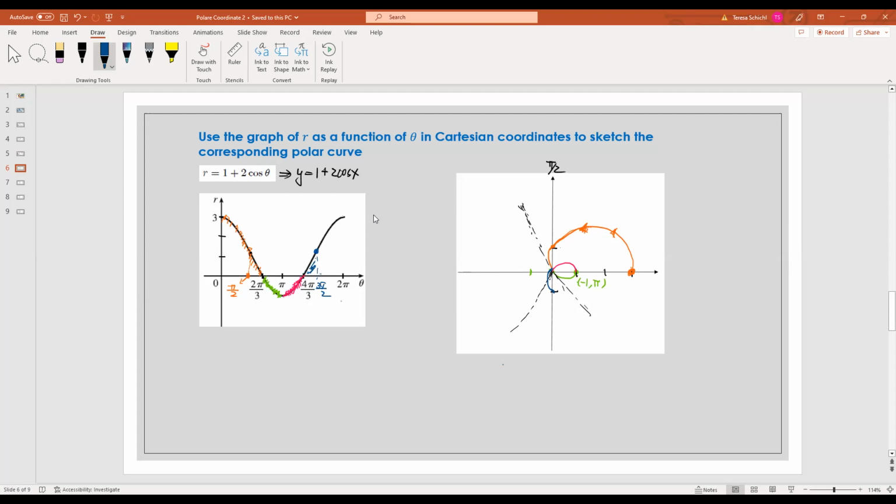So at 3 pi over 2, you swing here, this is the distance r, and then it gets bigger and bigger, and we'll reach 3 here. So this is also a very famous polar graph here.